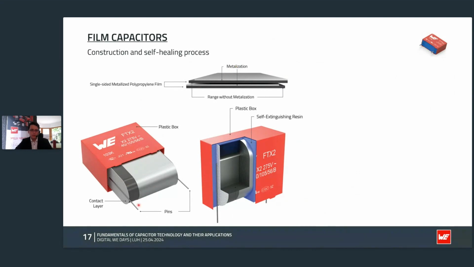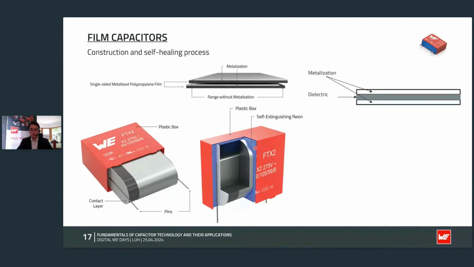And you can also see that there's a certain distance between the first voltage level and the second voltage level to avoid a short circuit or something like this. Then you also have the plastic box on the outside, and also the resin, which in the end protects the capacitor from moisture and also some other external influences.